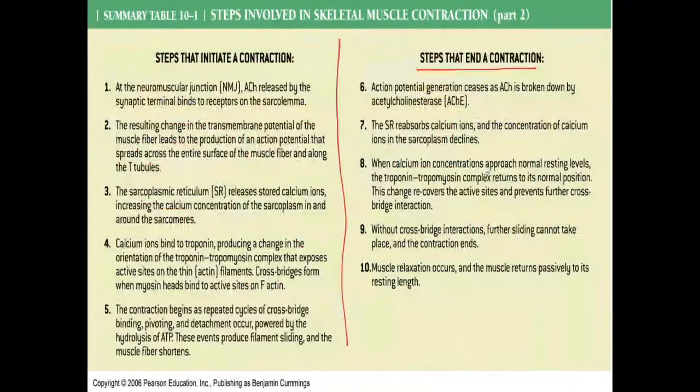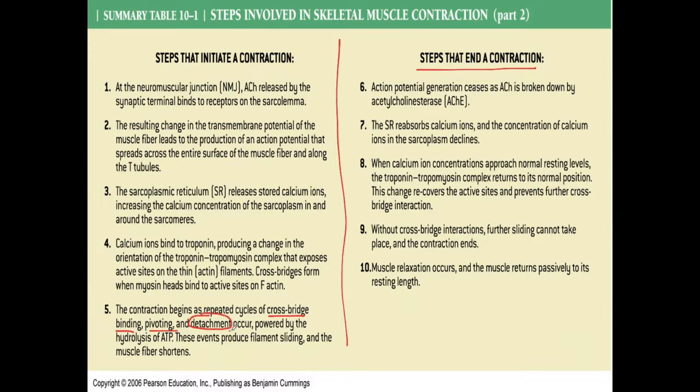I'll keep you there just for a second. You can pause and then work your way through this, but this just repeats all the steps that I just went through with you. The one thing that I pointed out at the end was that the contraction begins as repeated cycles of cross-bridge binding, pivoting, and then detachment.